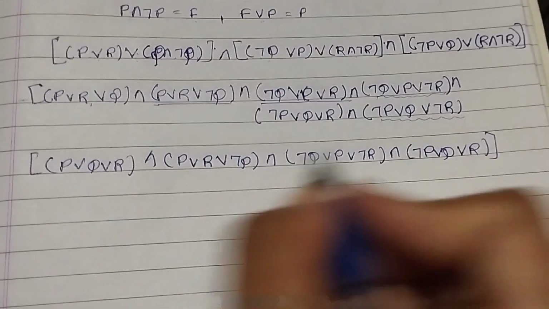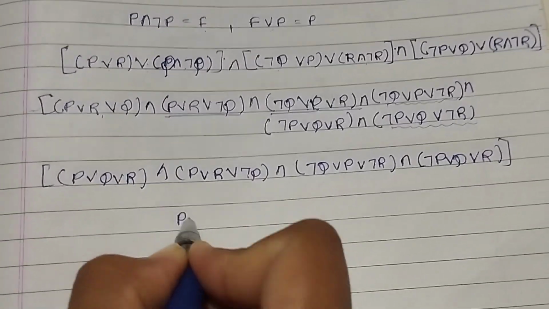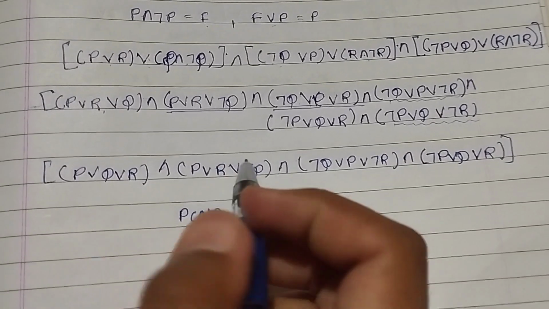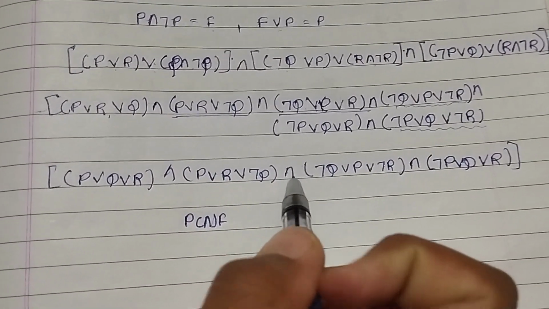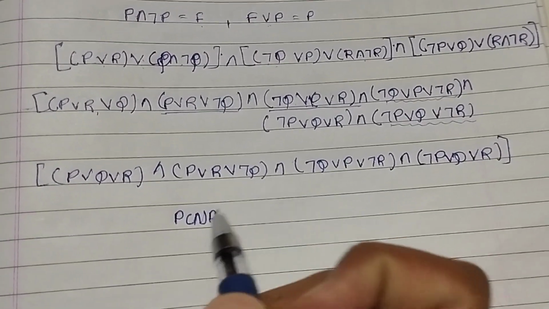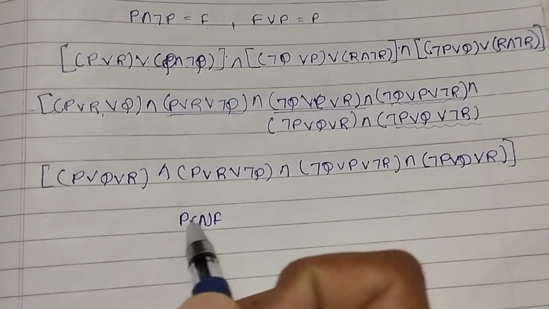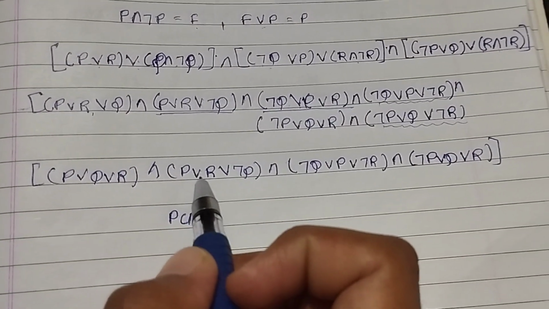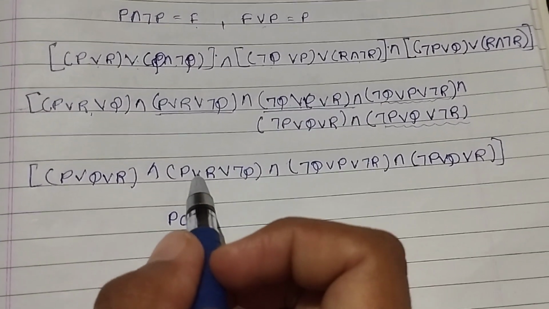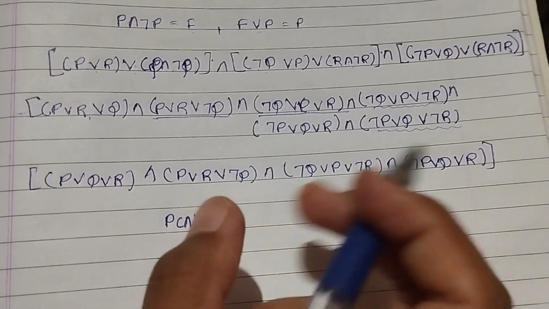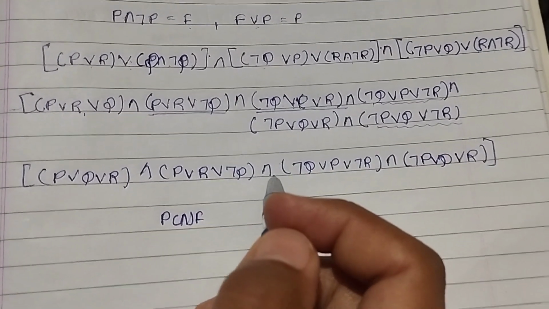Now this is our PCNF, because the connective connecting the brackets is AND, that is, conjunction. Our required conditions are also satisfied because the small brackets are connected with OR, and those brackets are connected with AND.